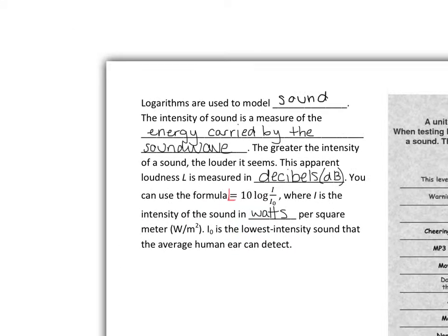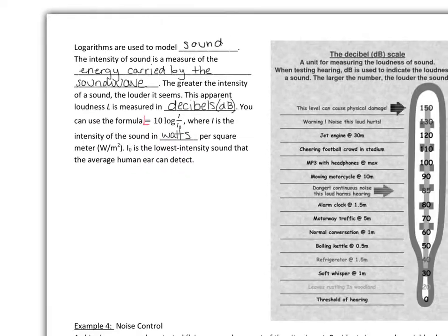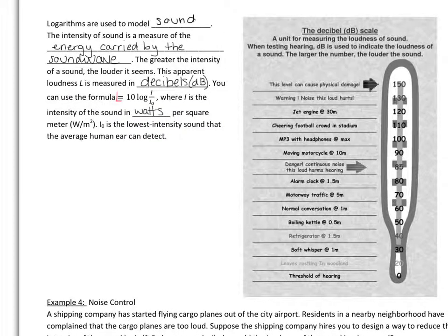And we have this little graphic over here that I think is kind of cool. The threshold of hearing is at 0. That's the point where we can begin to hear. Then 20 decibels, leaves rustling in the woods. A refrigerator, that constant hum, is at 40 decibels. Boiling kettle, that whistle, would be 50.